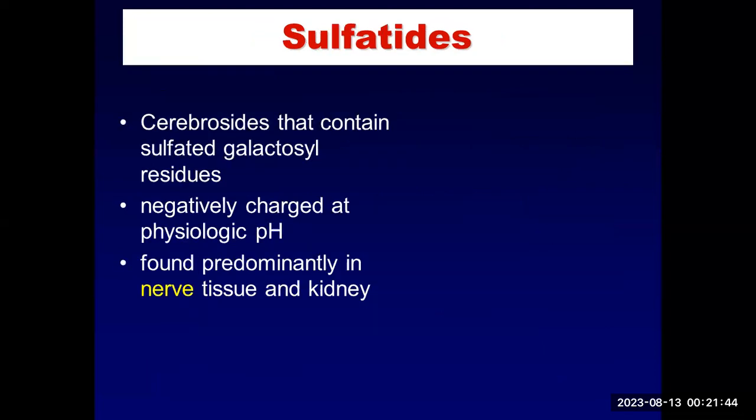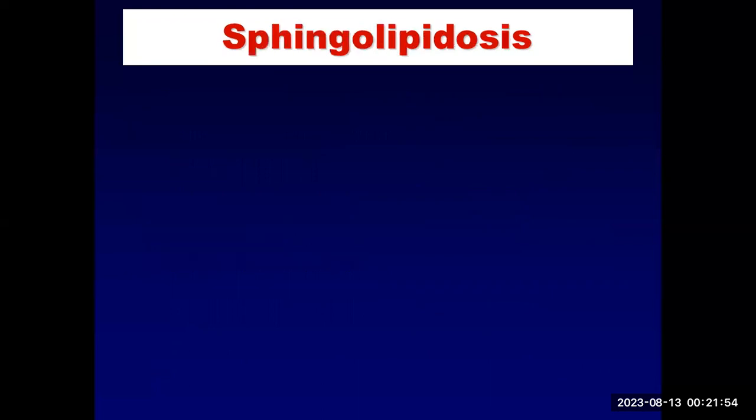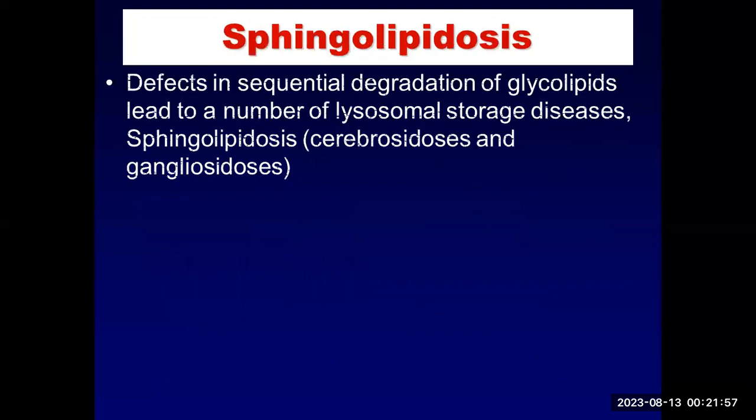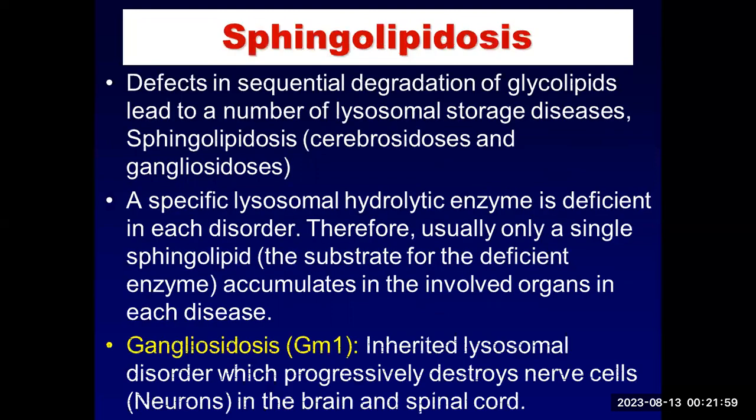Sulfatides: a cerebroside that contains a sulfated galactosyl residue, negatively charged at physiological pH, found predominantly in nerve tissues and kidneys. Sphingolipidosis: a defect in sequential degradation of glycolipids leads to a number of lysosomal storage diseases. Sphingolipidosis, or cerebrosidosis, or gangliosidosis.